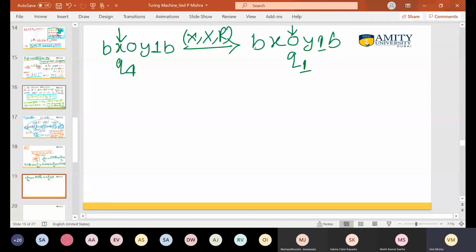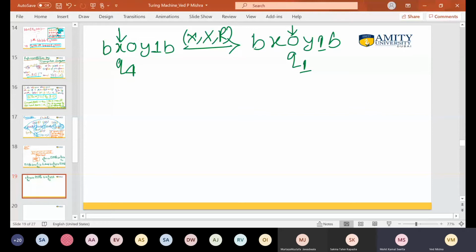Is this correct? Any confusion, anybody? No, sir. So can you complete this, the full steps? So, when do we stop? When we reach Q5, right? No, Q6, I think. When you will be at Q6.